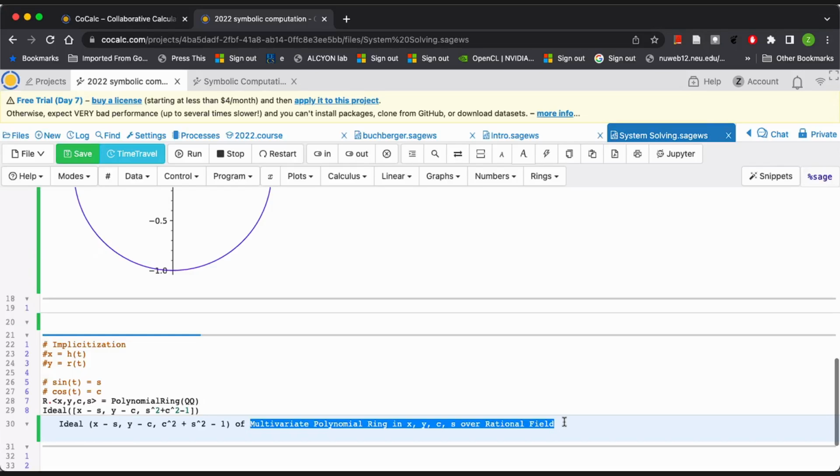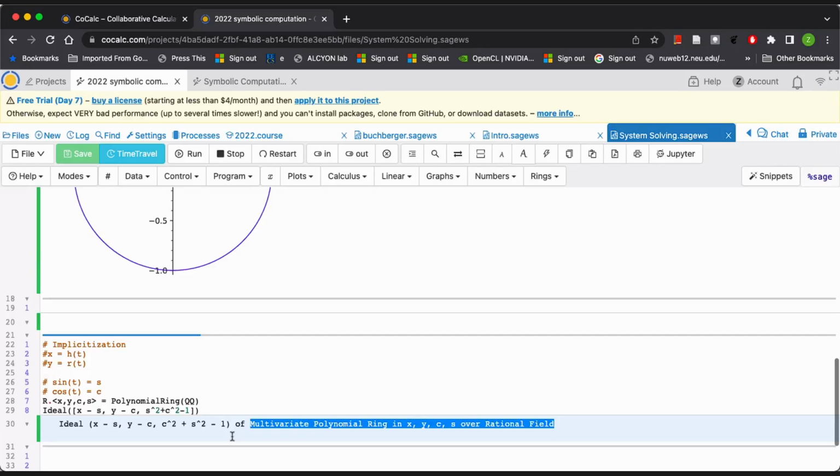It's good. So we all remember what an ideal is.